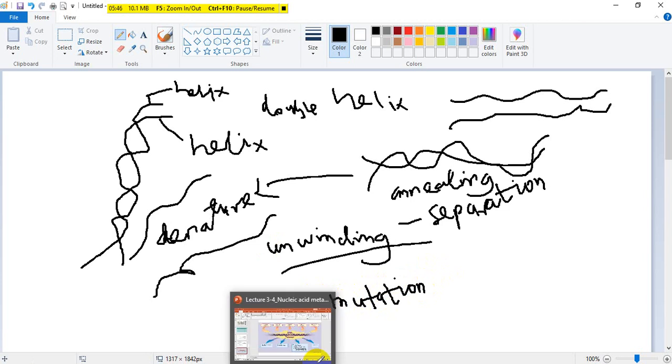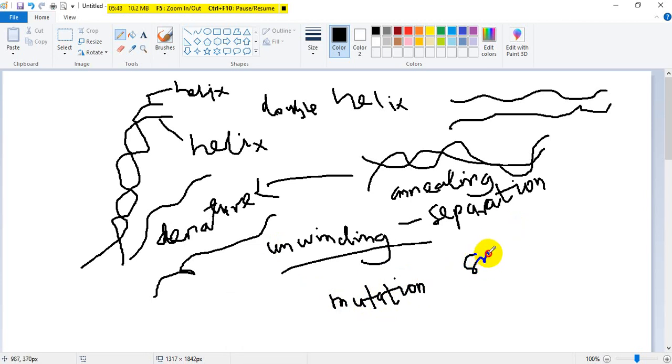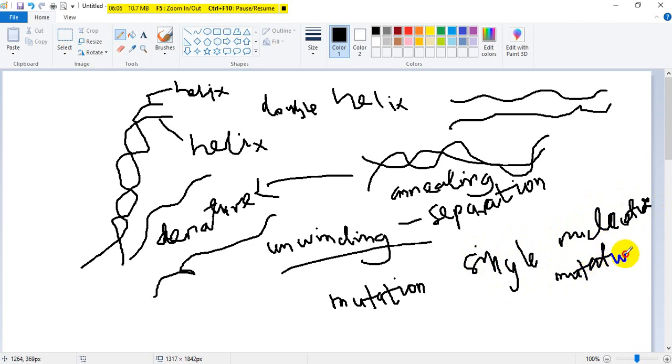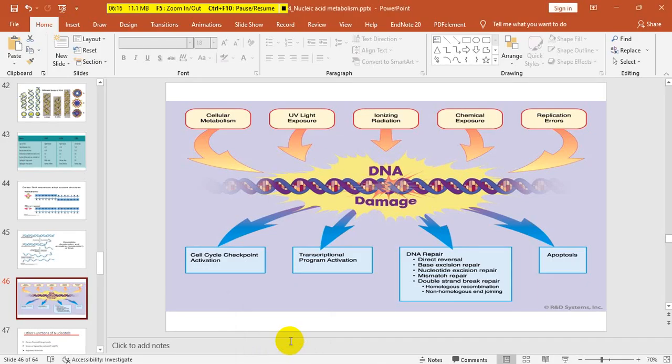If it is a single nucleotide, we call it a single nucleotide mutation. Mutation is any abnormal change in DNA structure, and most of the change has to do with the nucleotide sequence, not the ribose or the phosphate group.